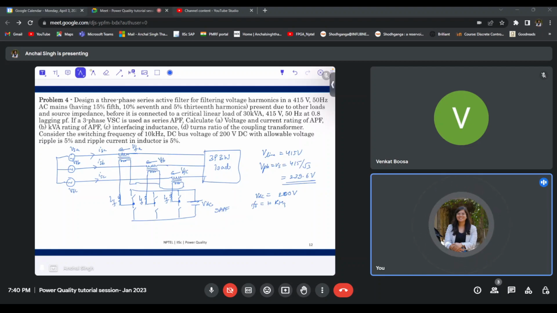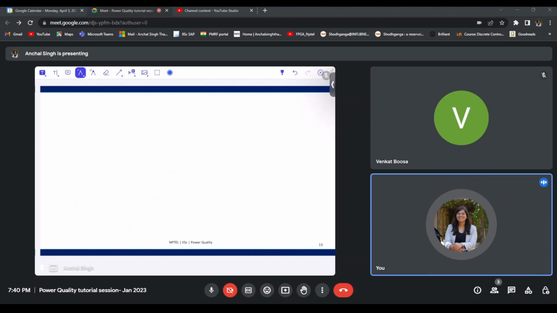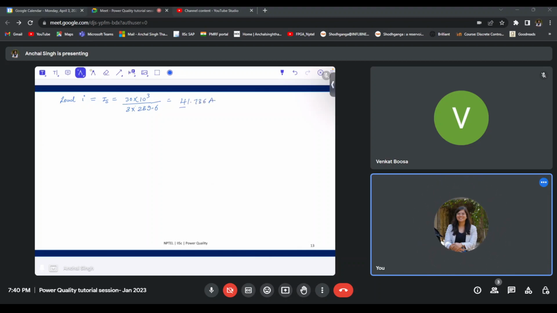So let us first calculate all the harmonic components that are given. We know that the load current, or line current, since it's a 30 kVA load and the phase voltage is 239.6, will be approximately 41.736 amperes.